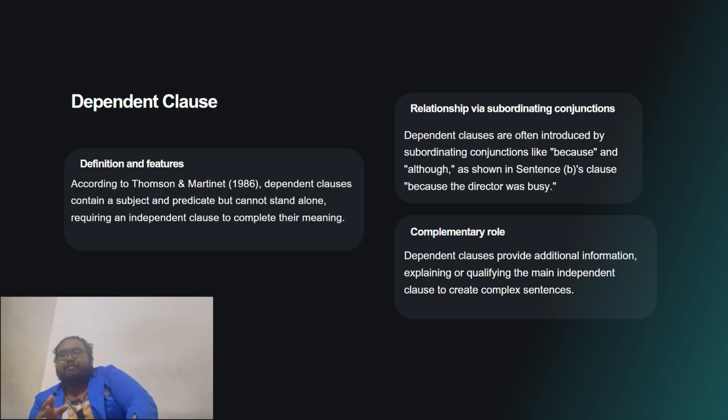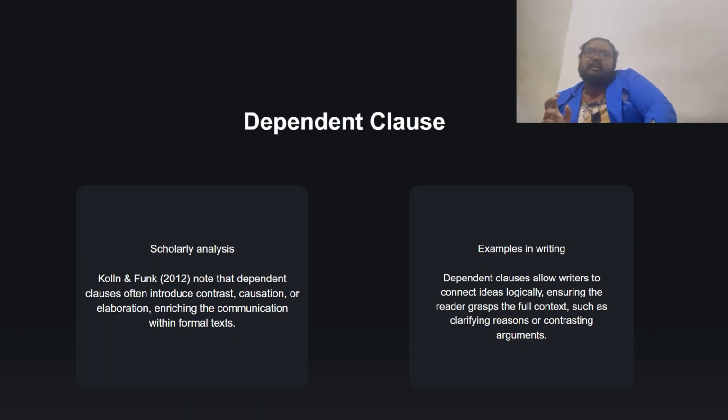Complementary role: dependent clauses provide additional information, explaining or qualifying the main independent clause to create complex sentences. Scholarly analysis: Collins and Fong, 2012, note that dependent clauses often introduce contrast, causation, or elaboration, enriching the communication within formal text.